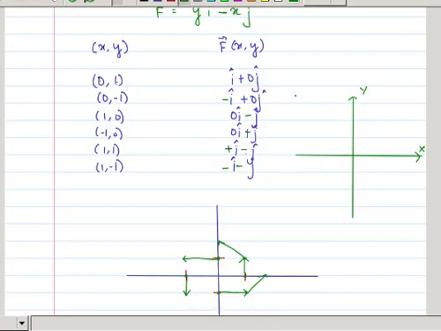So at 0 comma 1, the vector goes in this direction, the i direction positive. At 0 comma minus 1, it goes this way, and at 1 comma 0 it becomes like that.